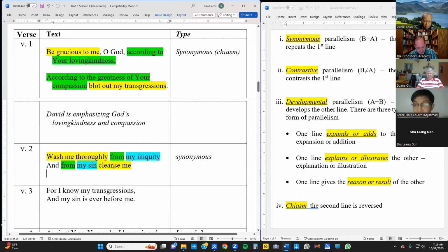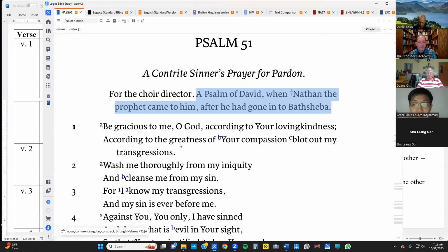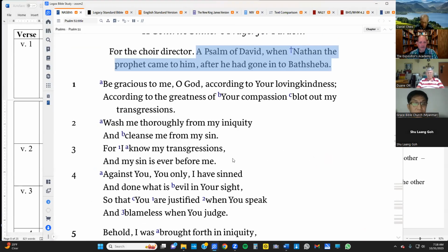And actually, guys, in the Hebrew text, it is a chiasm. For some reason, this translation did not identify it that way. Let me show you. Now, we wouldn't see this in the English text. Okay, here's the New American Standard translation.